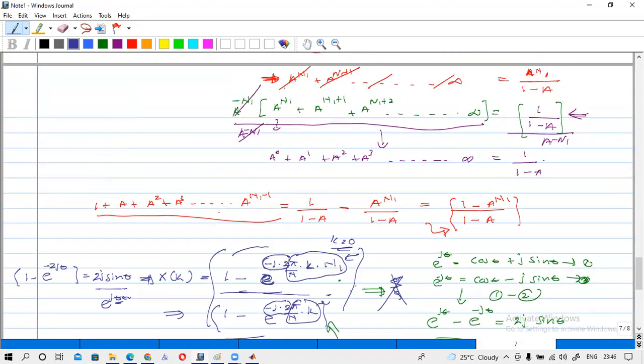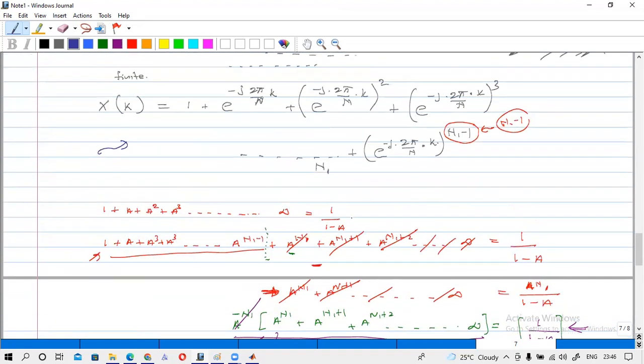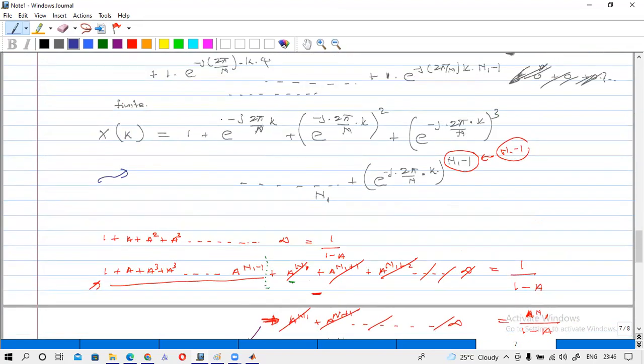So we have to use the form before we did the compact form to calculate x0. If you put k is equal to 0 here, you will have 1 here, and this term also will be 1.